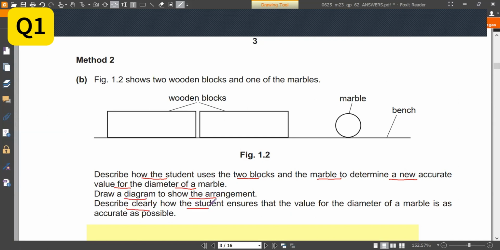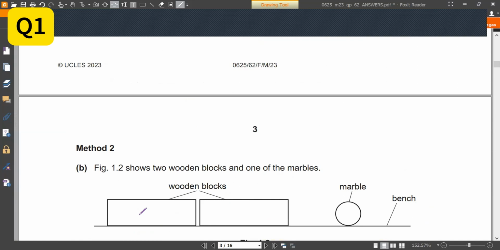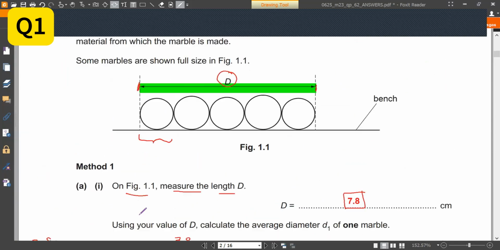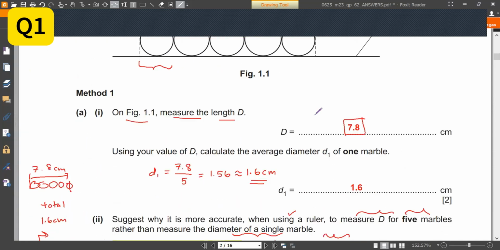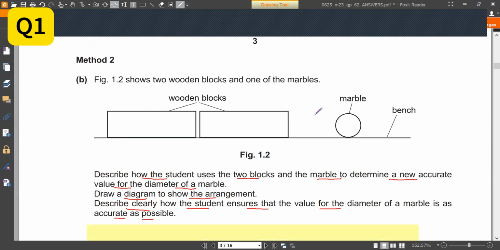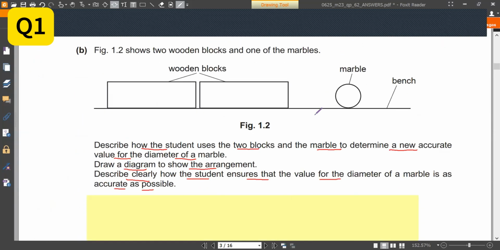Describe clearly how the student ensures that the value of the diameter is as accurate as possible. Just now, in our measurement, we were not using the wooden blocks, so we measured straight away. So if we use the wooden blocks, we can get a more accurate measurement.